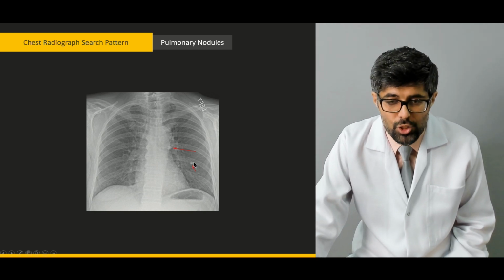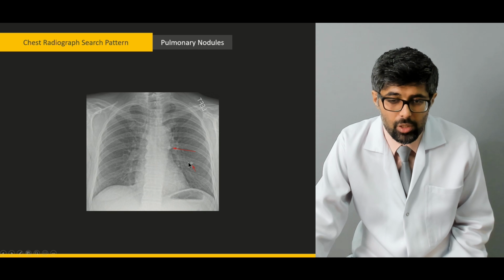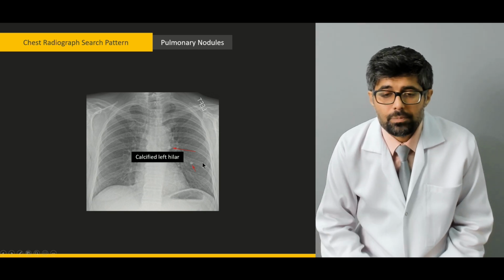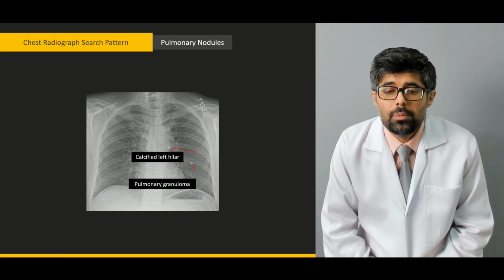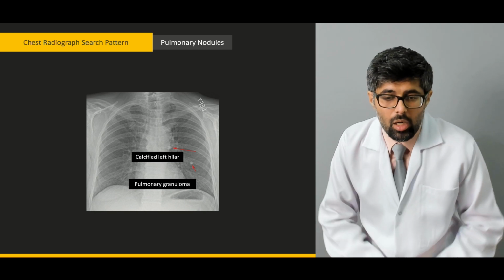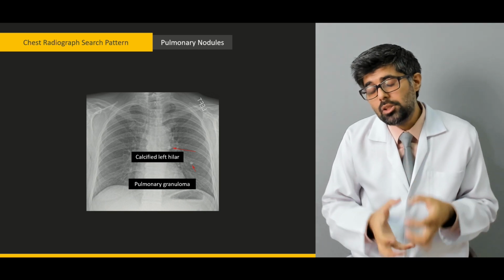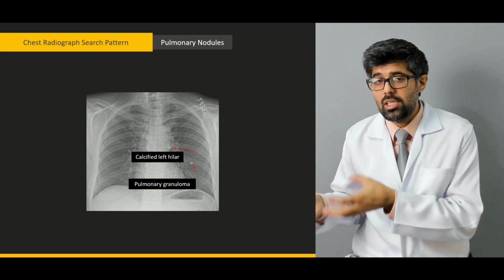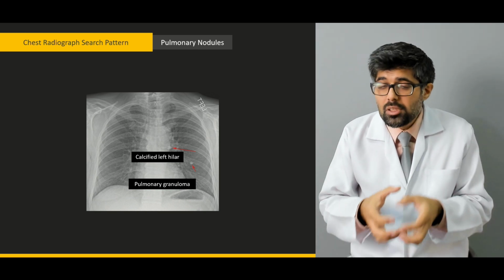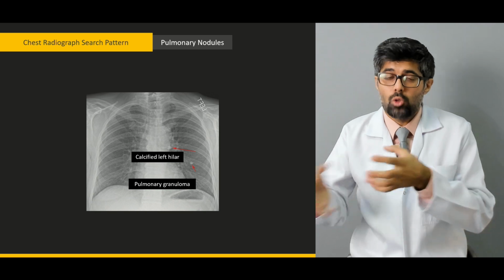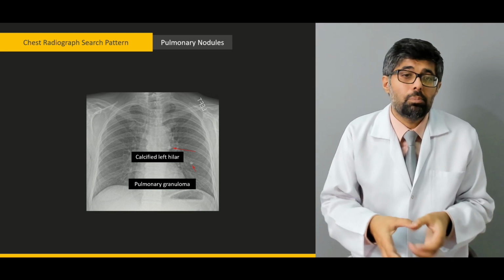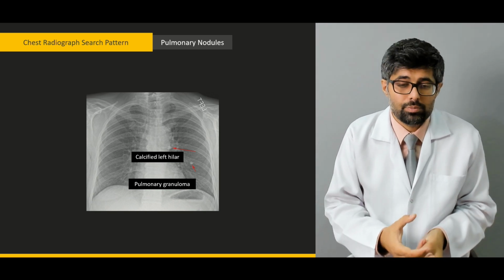Here we can appreciate this little nodule here, which is actually a pulmonary granuloma. A nodule is a disruption in the parenchyma of the lung. So whenever there is a disruption, normal parenchyma of lung is replaced by some other tissue.